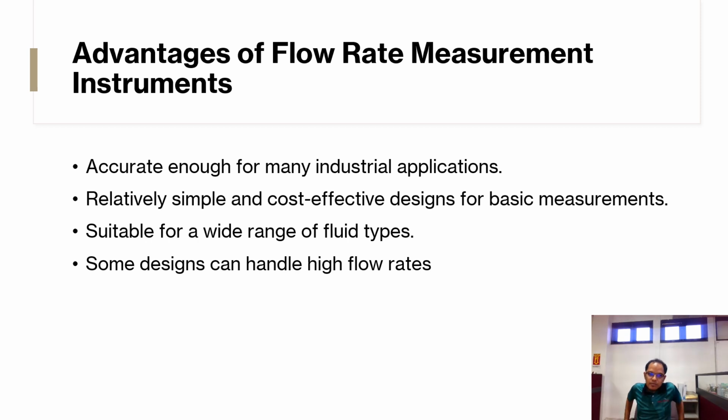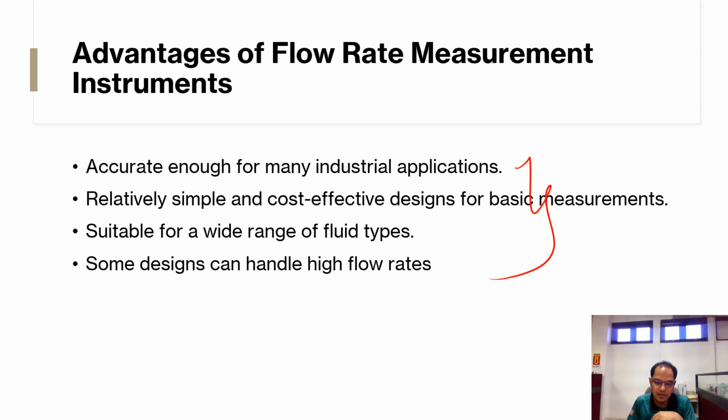Advantages of flow rate measurement instrument. Kelebihan kita menggunakan flow rate measurement punya instrument, dia ada 4 lah. It's a very accurate enough for many industry application. Relatively simple and cost-effective design for basic measurement. Suitable for wide range of fluid types.